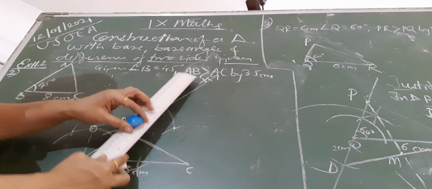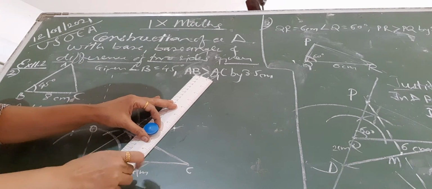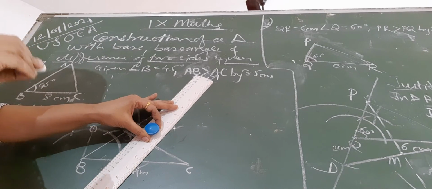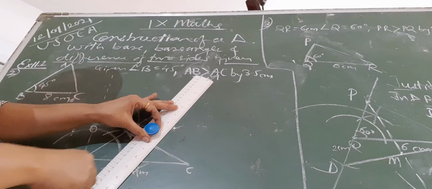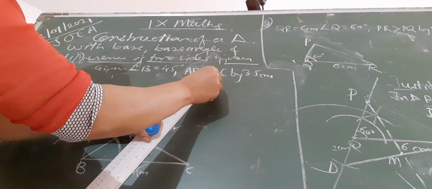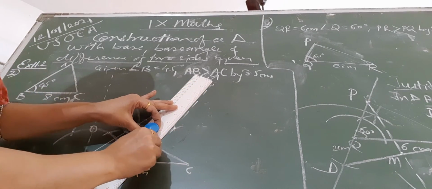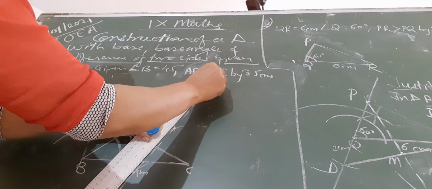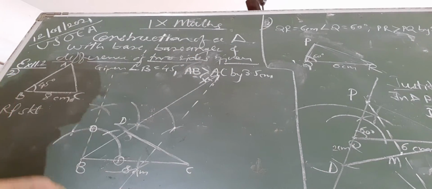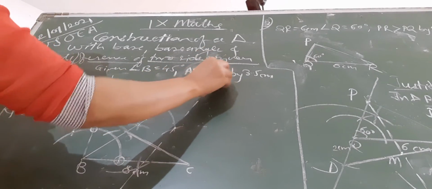We join them by the dotted line, which is the perpendicular bisector of DC, and it should touch the ray BX. We extend it till it touches. Now we can see that it touches the ray at this point. So this point is nothing but the point A.